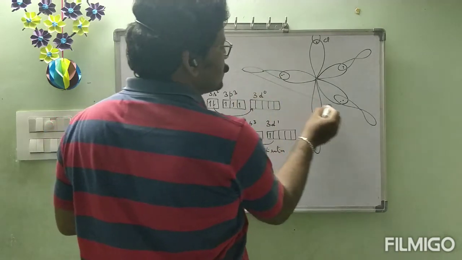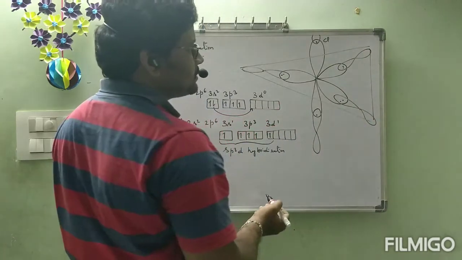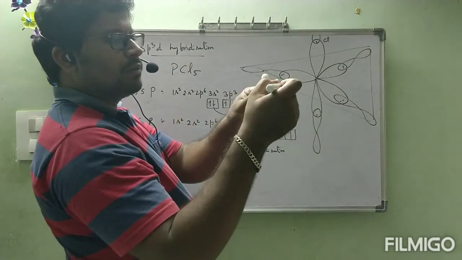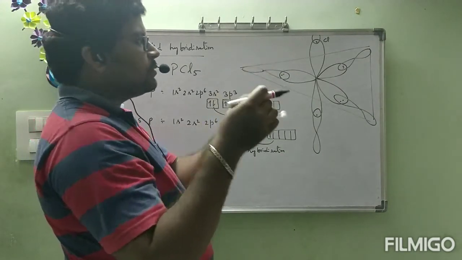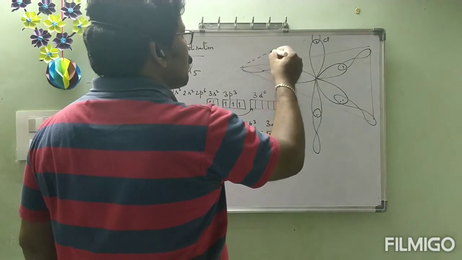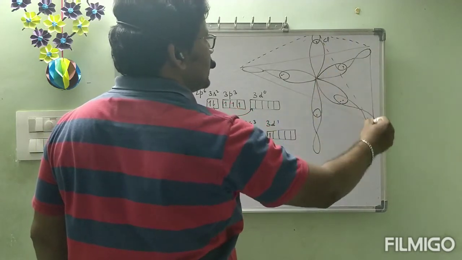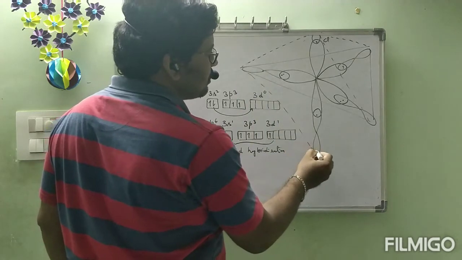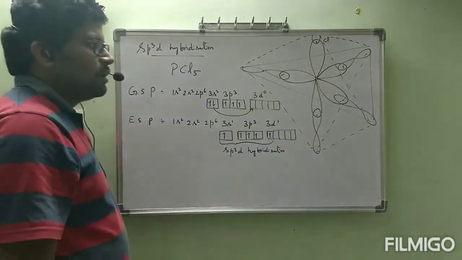If you join these triangular shapes, see, these three I joined. These three I joined. From above, if you draw like this, we will get a pyramid shape. Same, from below also, if you draw like this, we will get a pyramid shape.